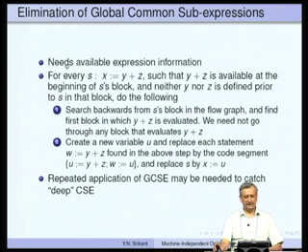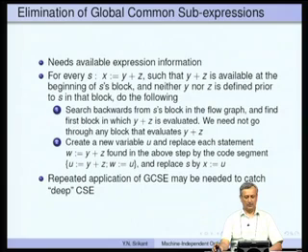This requires the available expression information. Recall that we discussed available expression data flow analysis a couple of lectures ago. An expression is available at a particular point if it is computed along a path starting from the starting point to that particular point, and the operands are not modified in between.